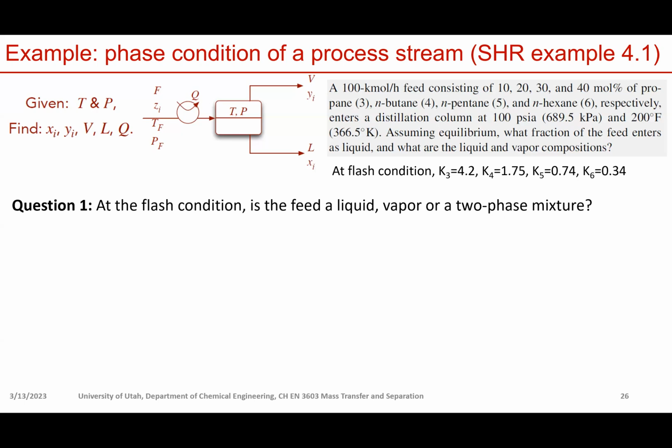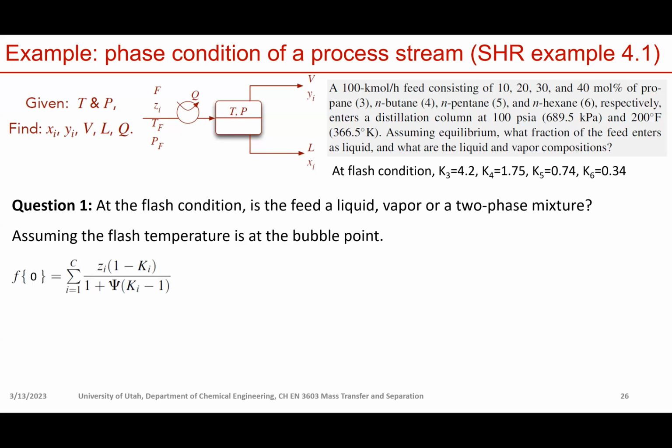What we know is only the temperature and pressure of the flash drum, and from that we can get the K value of each component. So we kind of have to make a guess. We assume that this flash temperature, 366.5 Kelvin, is a bubble point. Then, from the bubble point calculation, if the system is at the bubble point, psi is 0.